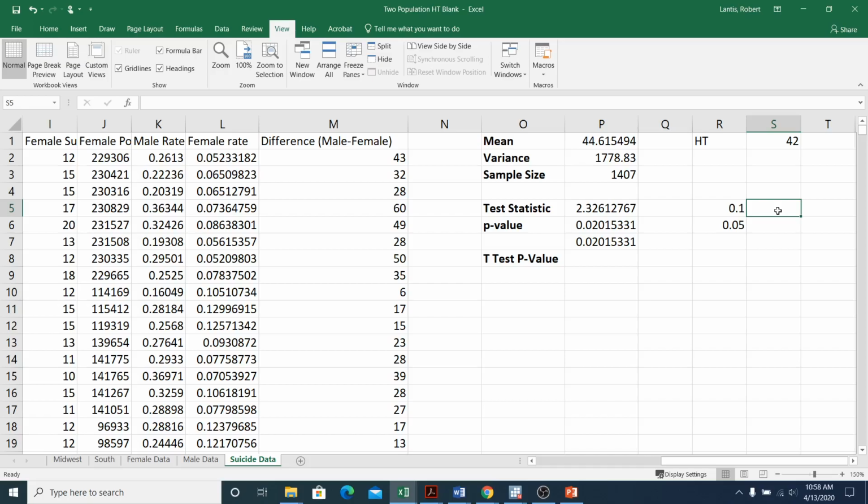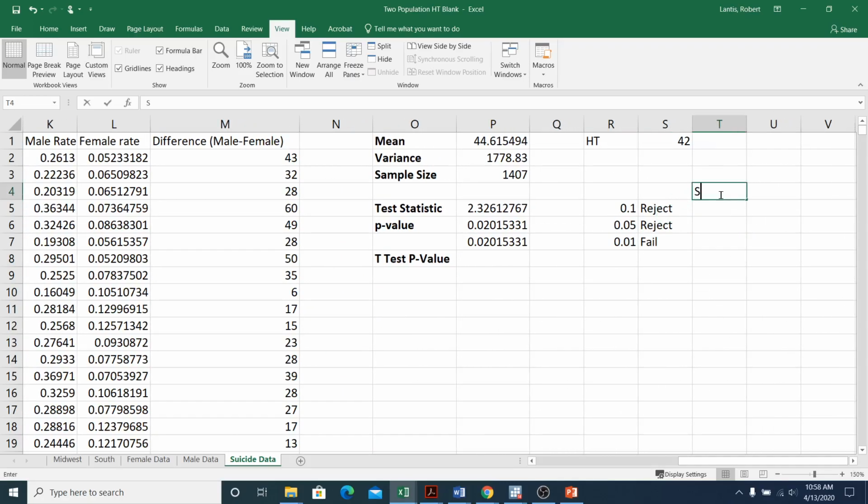So I would reject at the 10 and 5% significance levels, or reject with 90 and 95% confidence. But for an alpha of 0.01, my p-value is actually greater than that. It's not less than that, so I would fail to reject at the 99% confidence level, or fail to reject at the 1% significance level.